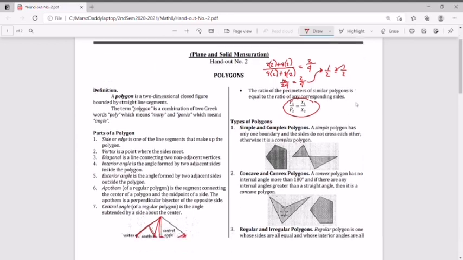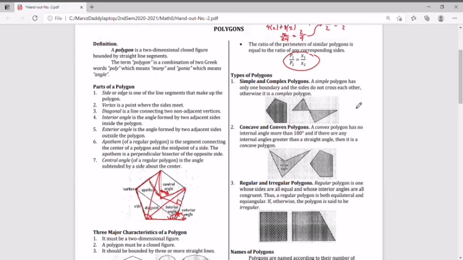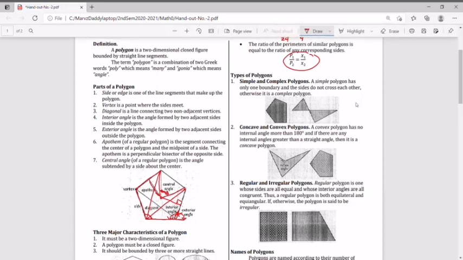We have the types of polygons. Simple and complex polygons. This is an example of a simple polygon: only one boundary and the sides do not cross each other. Otherwise, it is a complex polygon. As you can see, its sides intersect, they cross. Concave and convex.